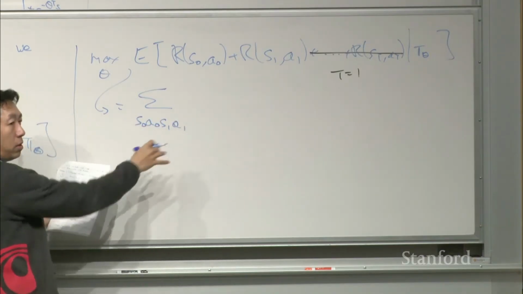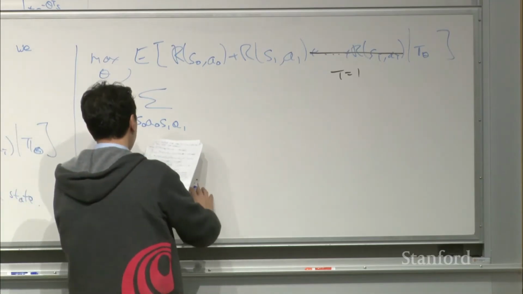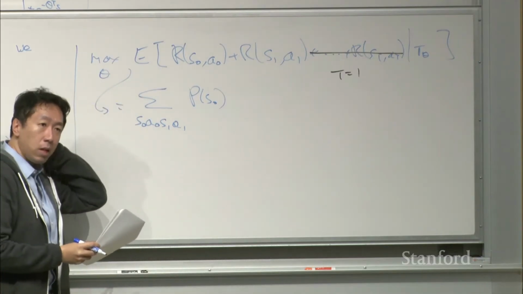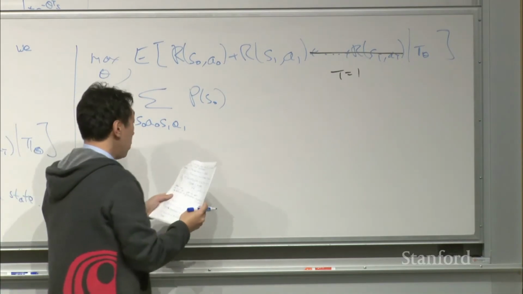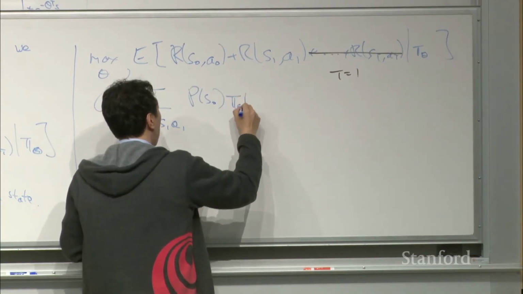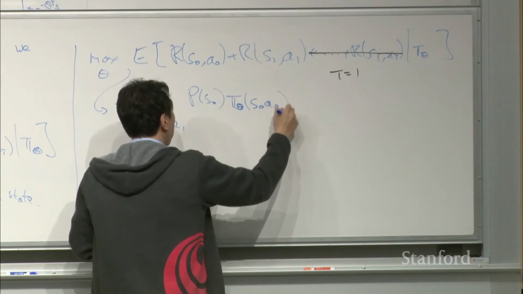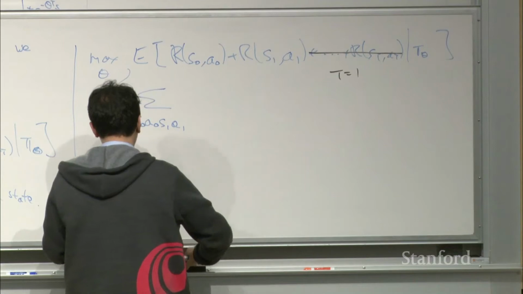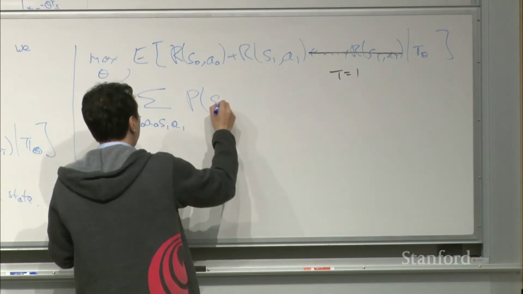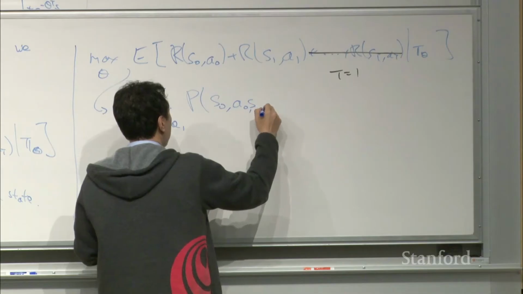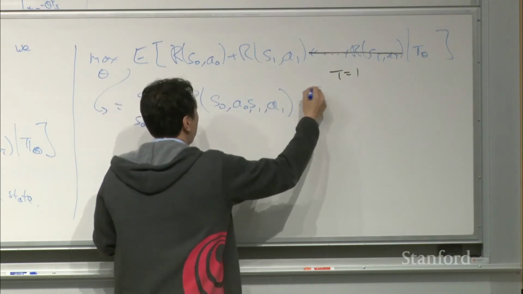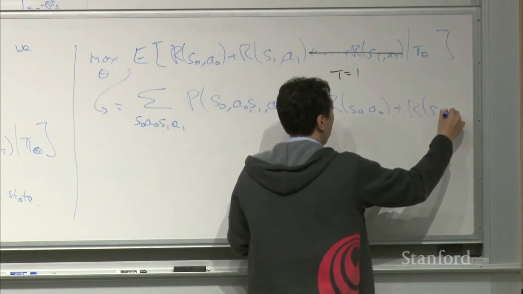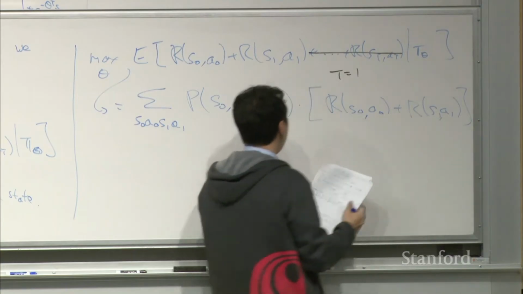And again, this would go up to ST and AT, but I'm going to set capital T equal to 1, of the chance your MDP goes through the state action sequence, times the payoff, right?